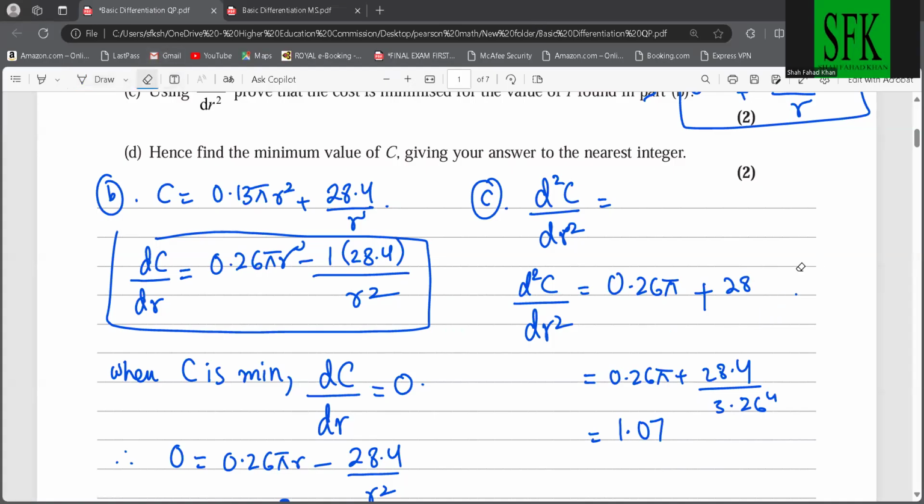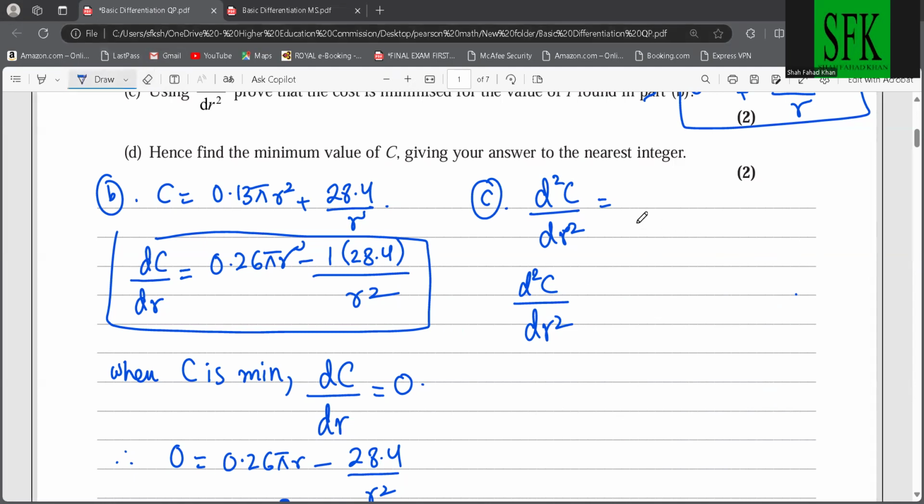Actually, wait, there's a mistake in what I wrote, but it doesn't change our results. Still, I'll correct it for the sake of completeness. So let's correct the differentiation.